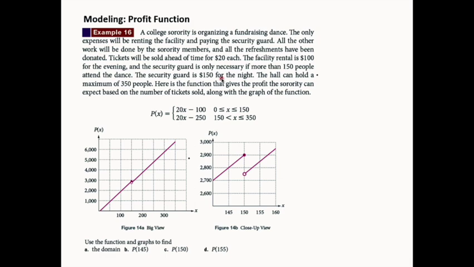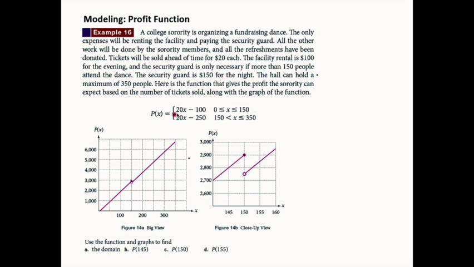But if they're less than 150, they do not need to pay for a security guard. So when we figure out the profit function, we have to break this up into, do we need a security guard or not? Because if we do, that's going to be an additional cost. So we have to split that in 2 pieces.